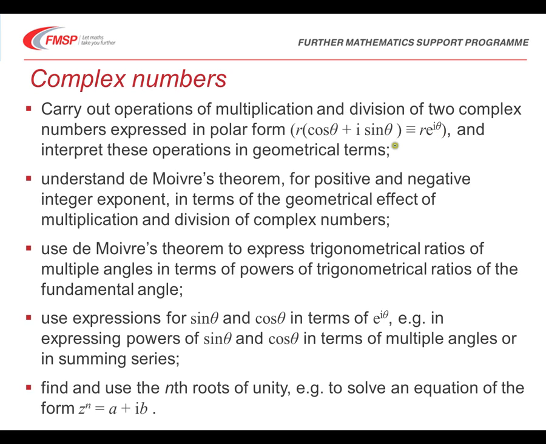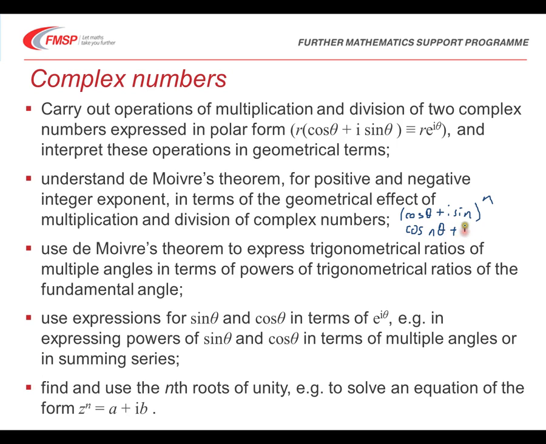The second is an extension of this, which is de Moivre's theorem, which essentially says that if we were multiplying by the same complex number, in other words, raising a complex number to a power, so cos theta plus i sin theta to the n, that would be cos n theta plus i sin n theta, with n lots of the argument.